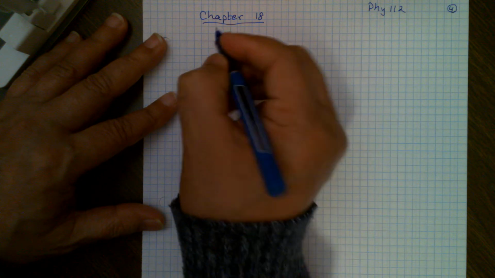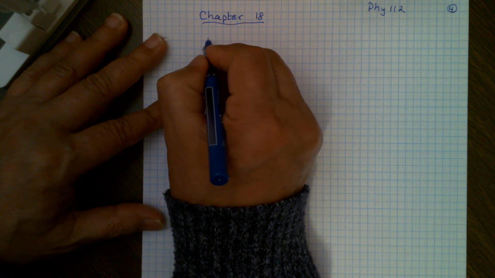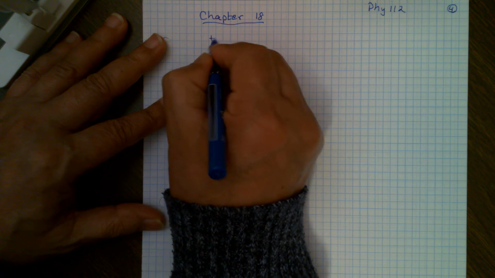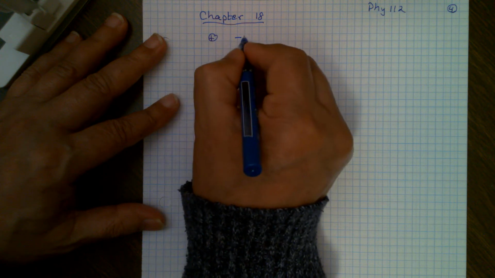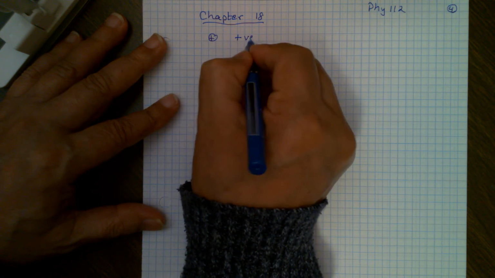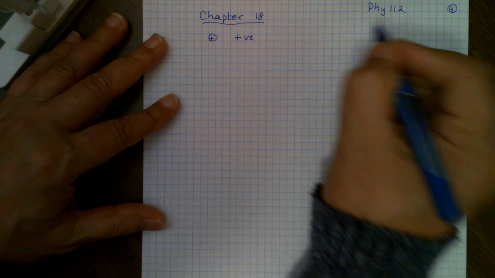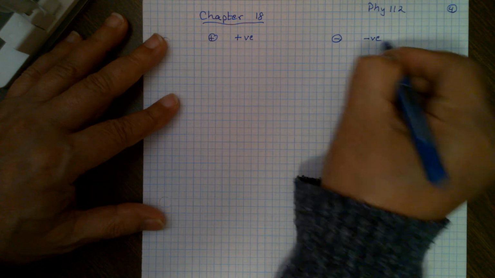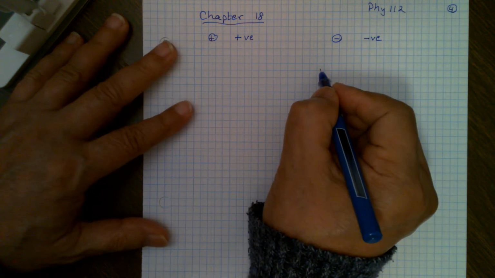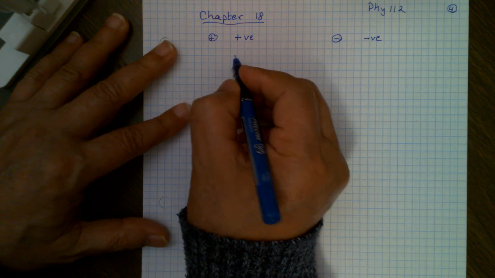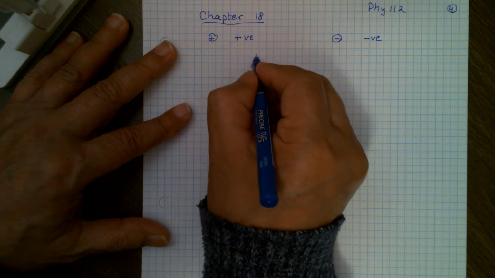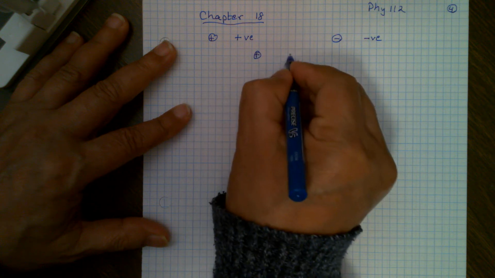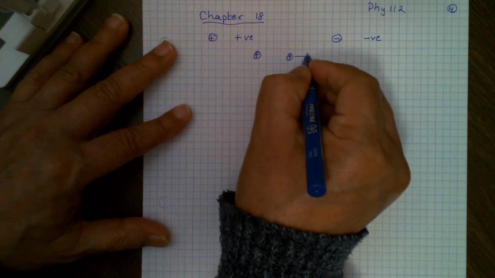So we know that there are two types of charges. One is called positive charge. I'll write plus for positive, that's a shorthand. For negative charges, minus for negative. And experimental facts have shown us that like charges, like positive and positive, will repel each other.